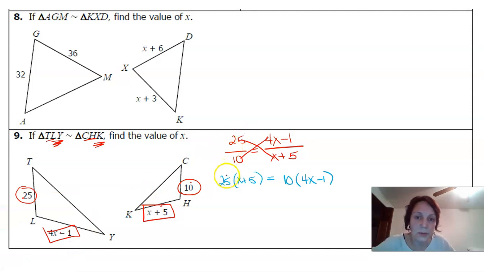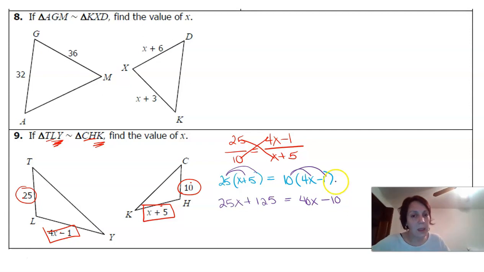So we'll do a little distribution here. 25x plus 125. And a little distribution here. 40x minus 10. And then we can start moving some terms around.